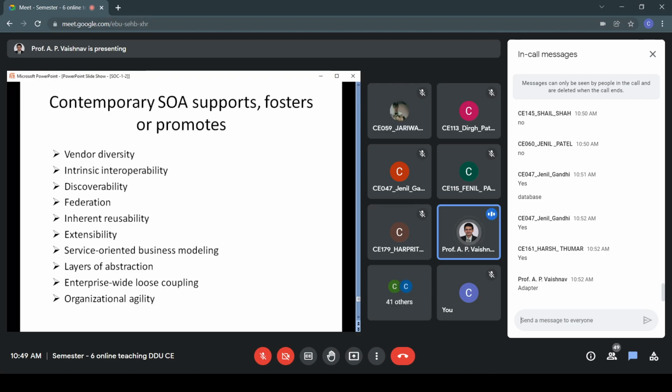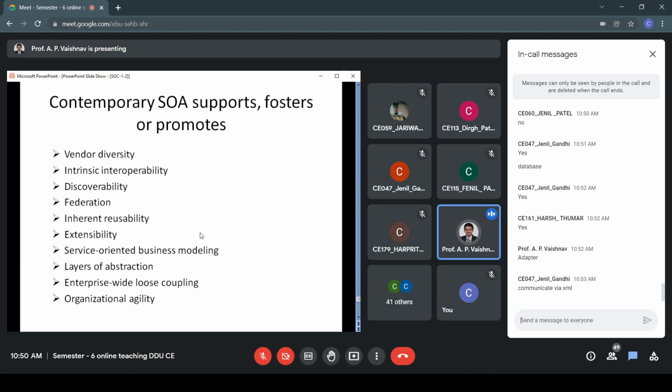If I'm joining a very old system with a newer system, because we don't want to throw away the old system. Yes, the adapter will get the data in the original format and convert it to XML, and that's how you can communicate between the old application and the new application. So that is called federation, joining various generations of applications together.